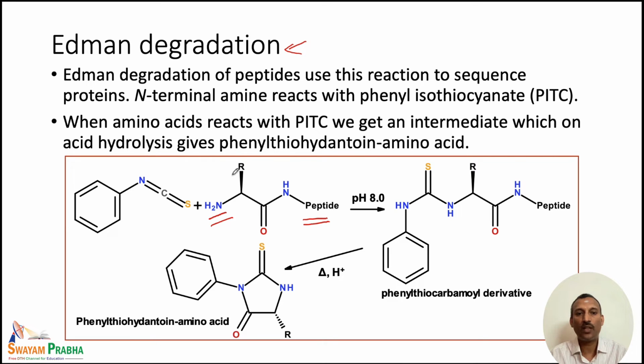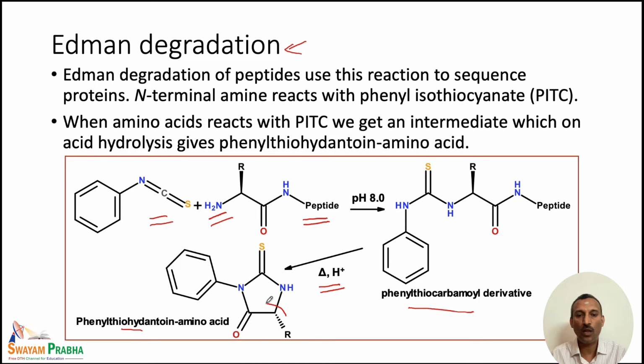The reaction that takes place is that the N-terminal amino group reacts with the phenyl isothiocyanate. This leads to the phenyl thiocarbamyl derivative, and this derivative on heating in the presence of an acid leads to the cyclized product. That product is called phenyl thiohydantoin amino acid.